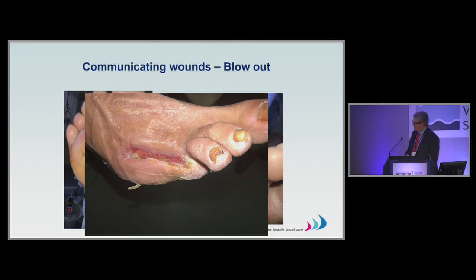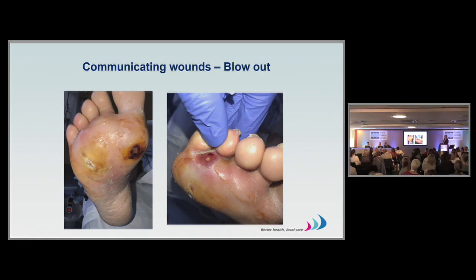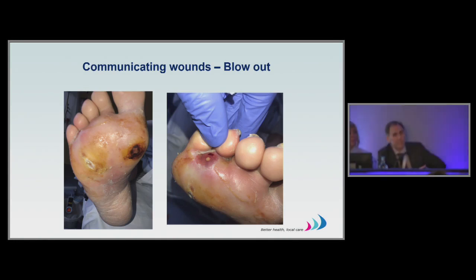But the significant discharge coming out of that area, and the fact that you could really milk the pus coming out, meant that you needed surgical intervention. I think this is probably more of a barn door case. We know that the skin itself, there's no pathology in the skin. The problem is the pressure between the surface that he's walking on and the underlying bone.